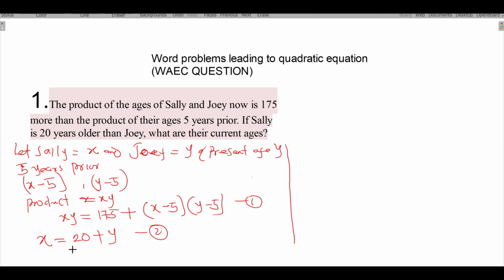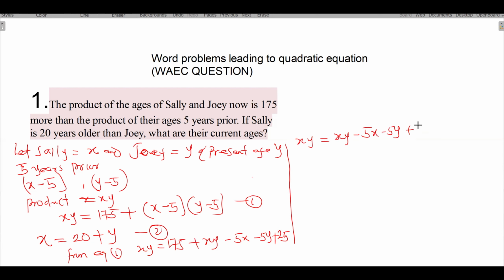Now from our equation 1, let's simplify it. That means XY equals 175 plus, if you open that bracket, we have XY minus 5X minus 5Y plus 25. So that means we have XY equals XY minus 5X minus 5Y, and 175 plus 25, that's 200.